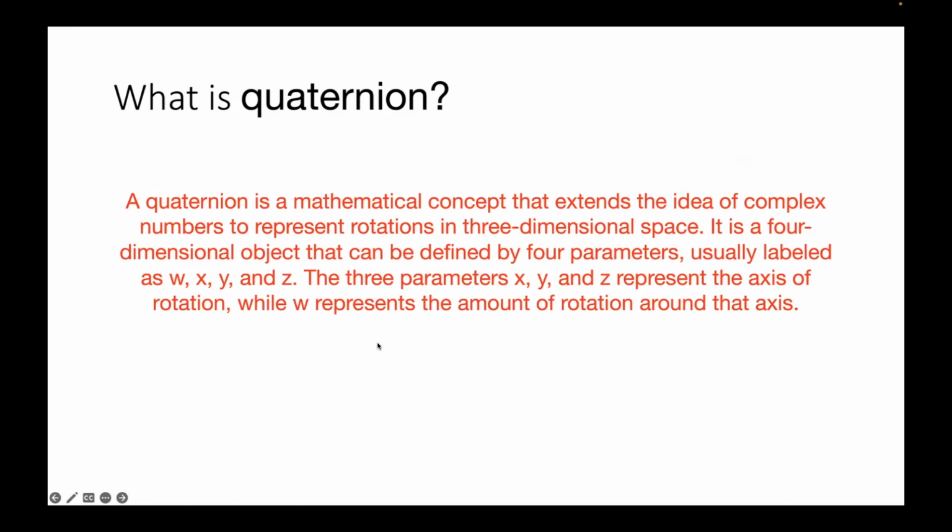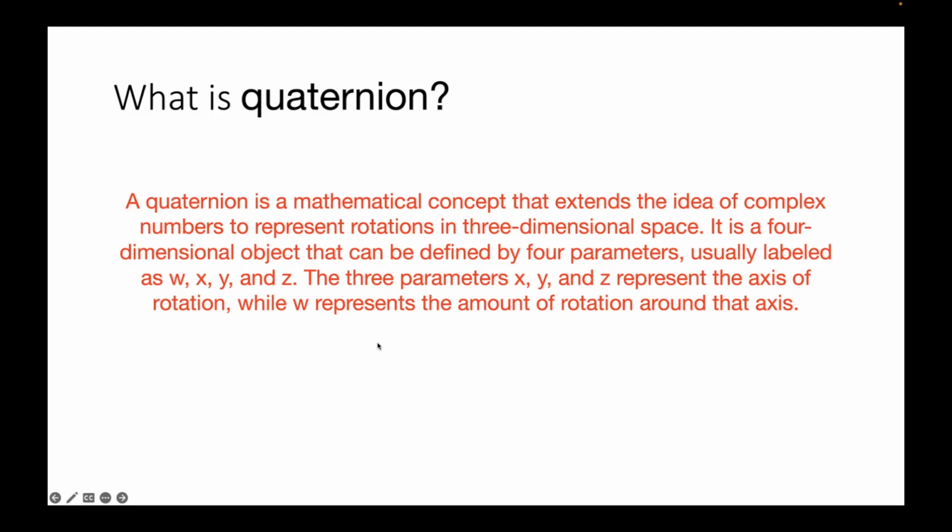We added cj and dk, and this number represents rotation in three-dimensional space. So this is the common formula. In three-dimensional space, you need 4 numbers. What about in 4-dimensional space? Maybe you can think we need 5 numbers.